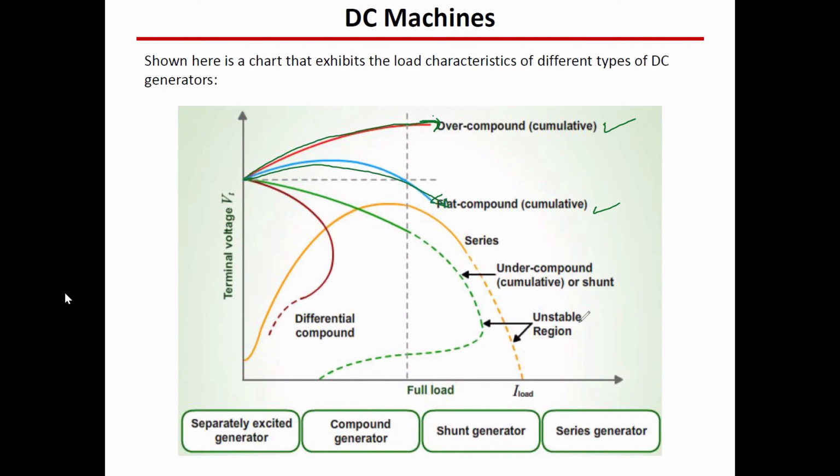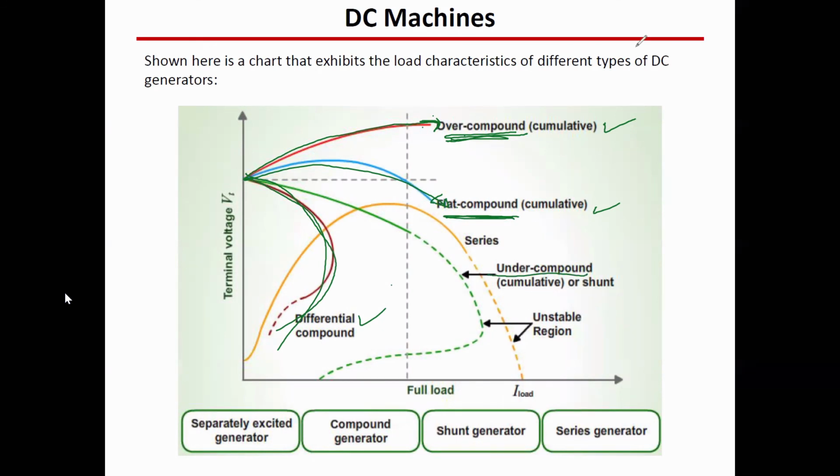If it is differential, differential is highly decreasing in nature, so it's going to start to decrease from the start. And this is called the over compound because you are basically increasing the voltage. Flat means that it's almost a line. Under compound means that it's decreasing, which is the same as the shunt.